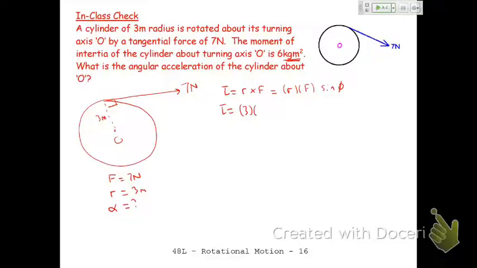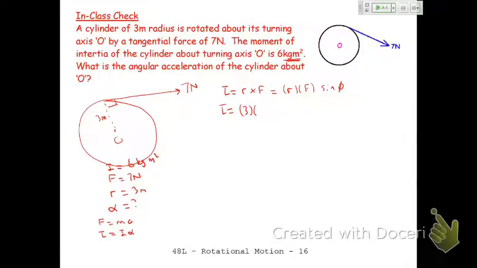And then I go, oh, well, what do I do? Oh, yeah, I remember. If F is equal to ma, then torque is equal to I alpha, because I've already got an I as well. I is equal to 6 kilogram meters squared.